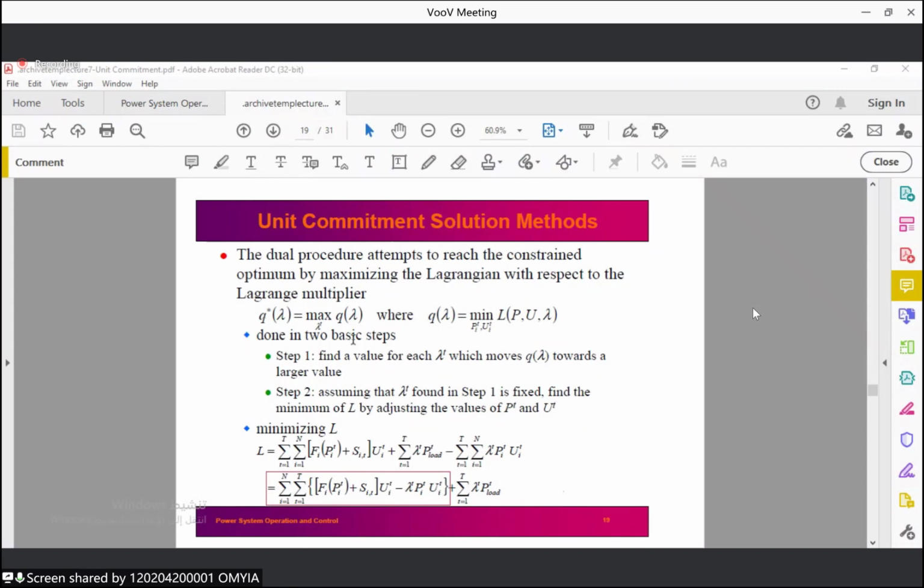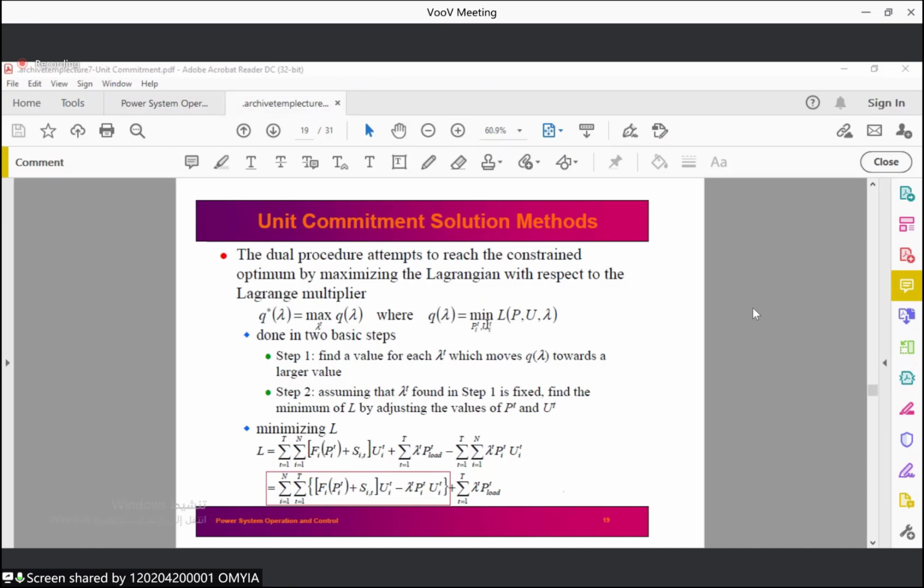So this is my function. We need to maximize q(lambda) by adjusting lambda, and we need to minimize the Lagrangian by adjusting Pi of t, Ui of t. Pi of t is the output of the unit, and Ui of t is the unit state. And this is done in two steps.